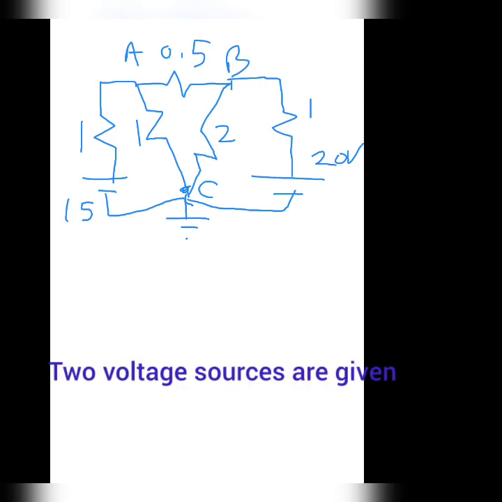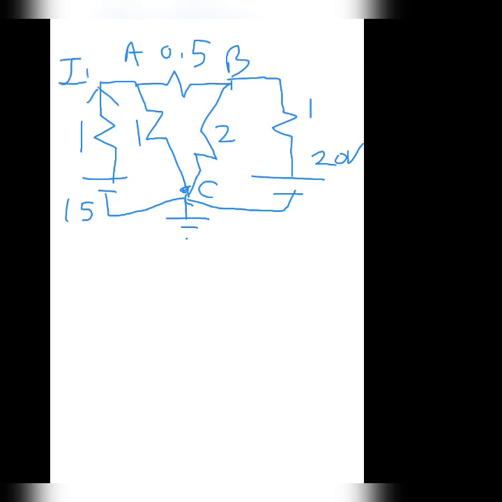First of all, we have to assign the currents. Suppose this is the current I1. This is the current I2. This is I3 flowing.